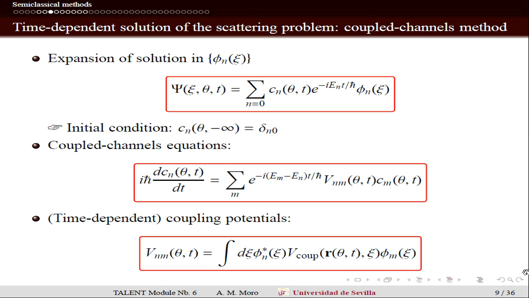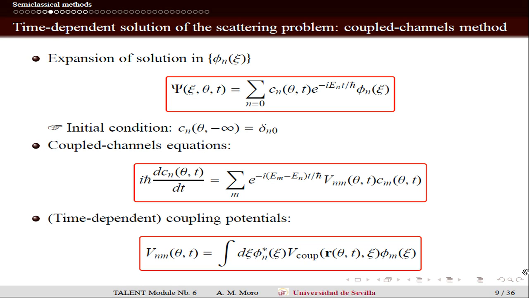So now we plug this expansion into our Schrödinger equation that we have written in the previous slide, and we get a system of coupled equations, similar to the system of coupled equations that we had for the quantum mechanical problem. The internal states of the projectile are known; we have solved this problem already.